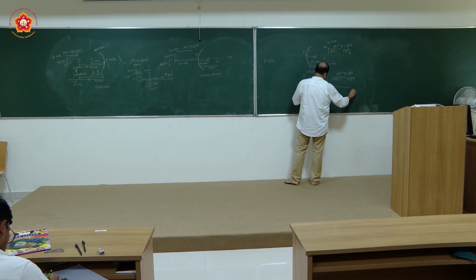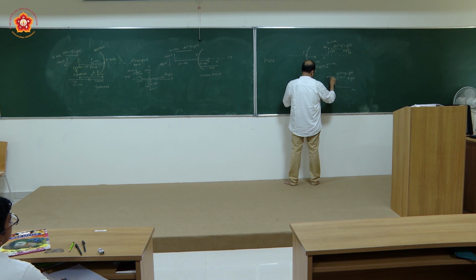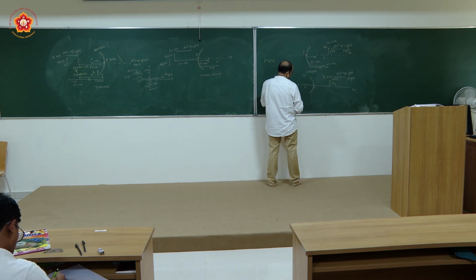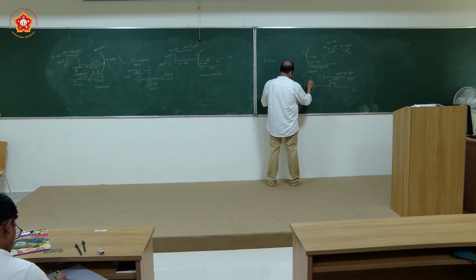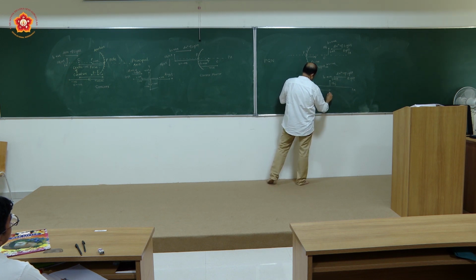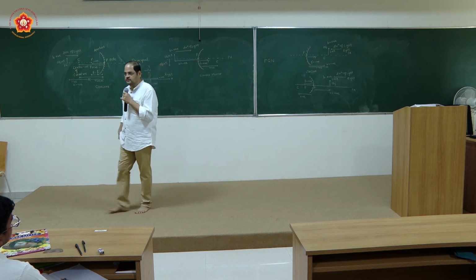This is the line which is representing principal axis. Object is present here. The height of the object will be still taken as positive. But you will be able to see that you are measuring the distance from pole to the focus. So focal length will be positive. Distance from pole to the center of curvature, that distance is also taken as positive. But you will be able to write down the object distance to be equal to, able to get this part.